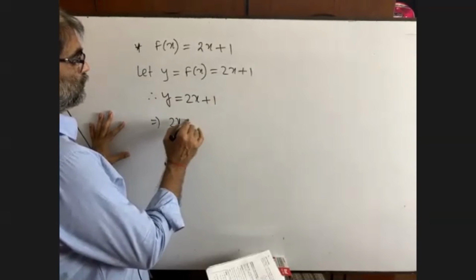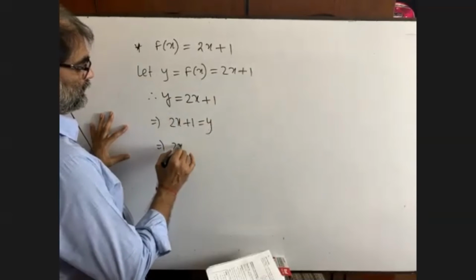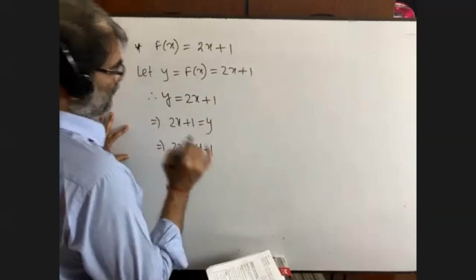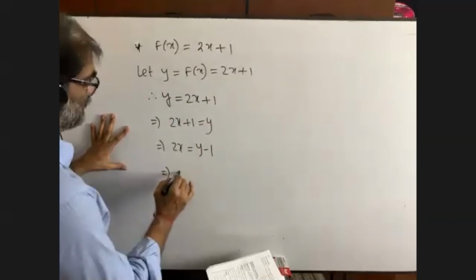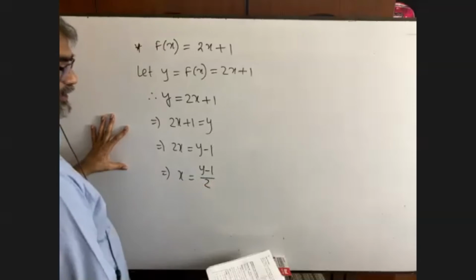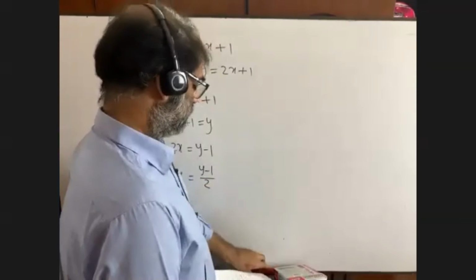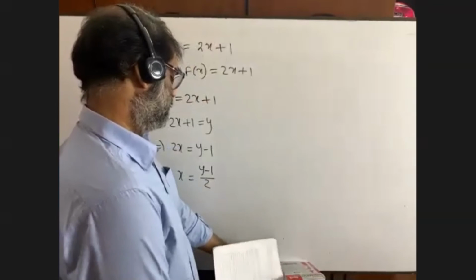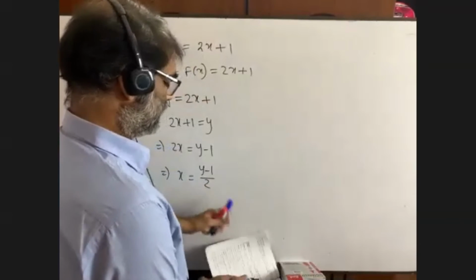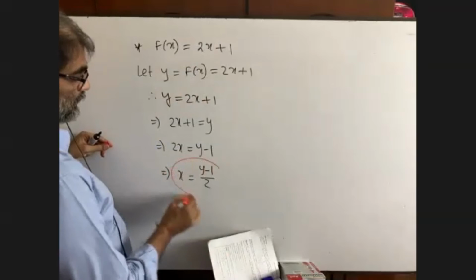So we can write 2x plus 1 is equal to y, that is 2x is equal to y minus 1, that is x is equal to (y minus 1) by 2. We have got this value of x. Please pay attention, this is an important part, important math.